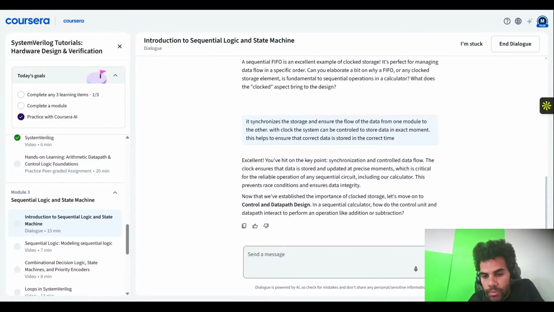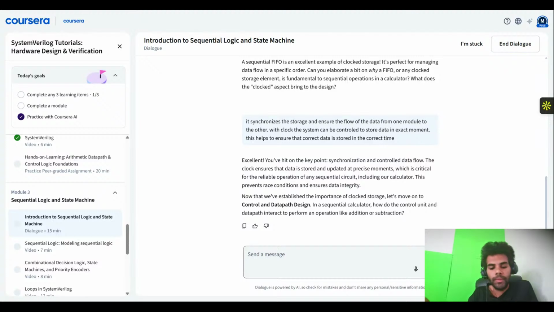In a sequential calculator, how do the control unit and data path interact to perform an operation like addition or subtraction?